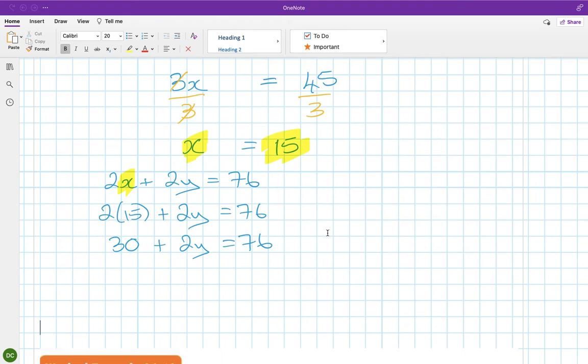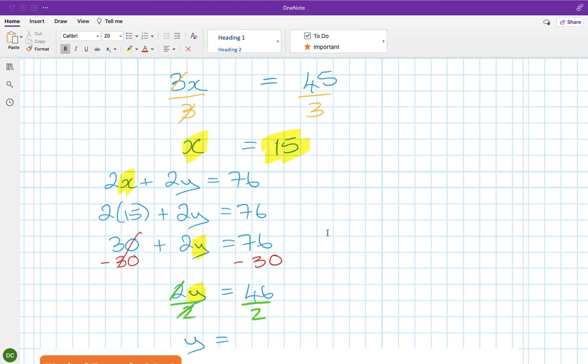Excellent. So we need to isolate that y. So we minus the 30, minus the 30. So 2y is 46. And then we divide by 2 and divide by 2.